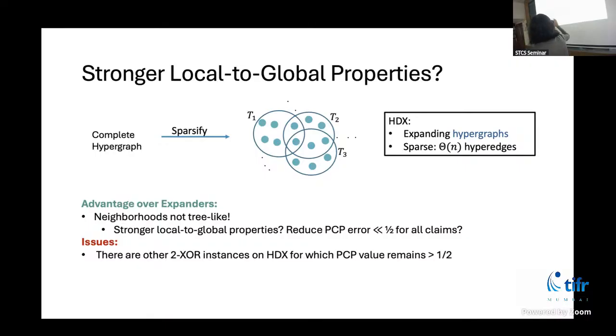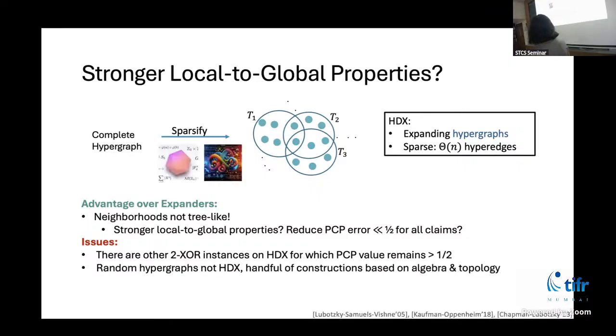It tells you that it's not just about having cliques or triangles in your graph. You need something more than expansion. And one more issue is that in Dinur's PCP, expanders are readily available to us, but random hypergraphs are not HDX. So even constructing these HDX is hard. We'll actually see this.